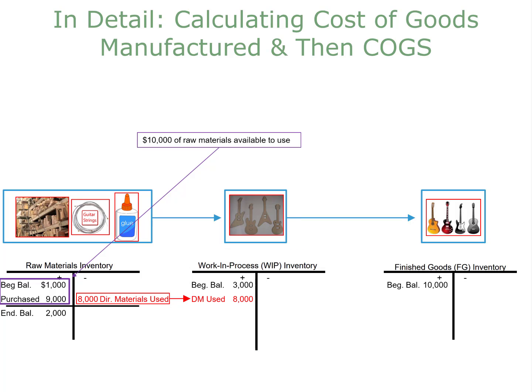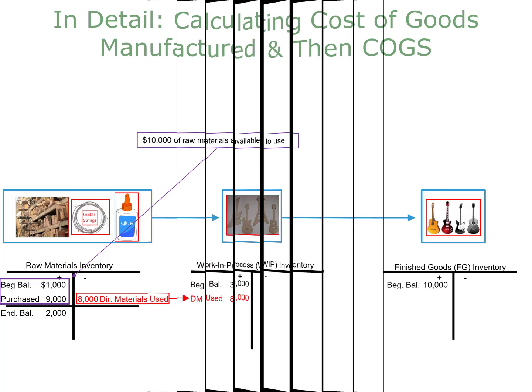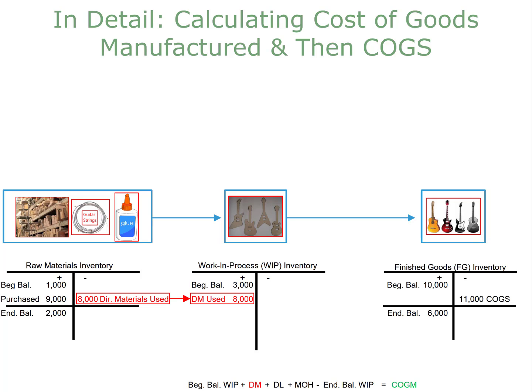In work in process, the cost of the materials used adds to the $3,000 of cost of the guitars already in the process of being built. So the work in process inventory account holds the product costs. Besides direct materials, remember DM stands for direct materials, what are the other product costs?